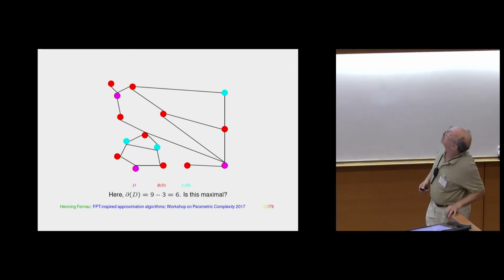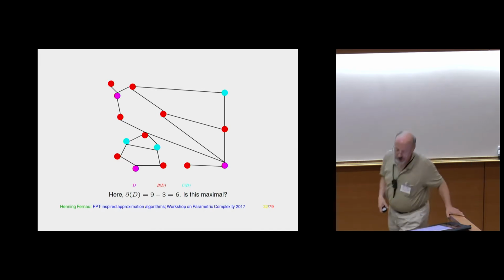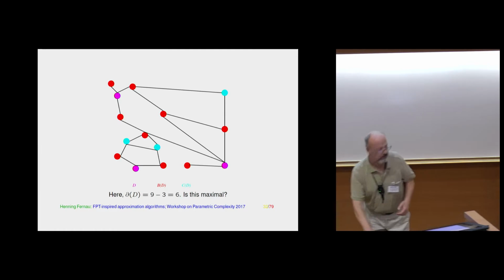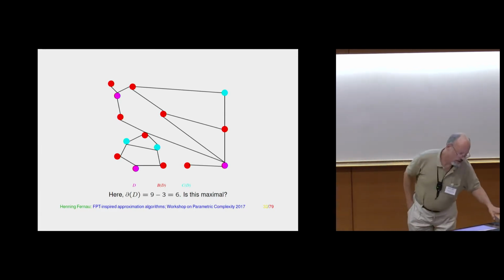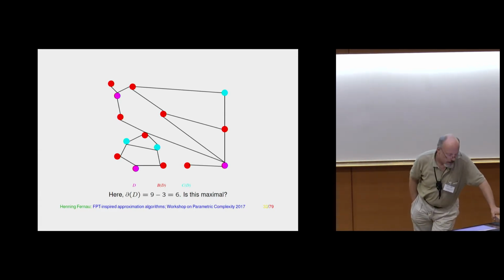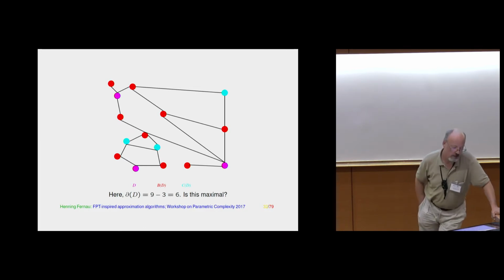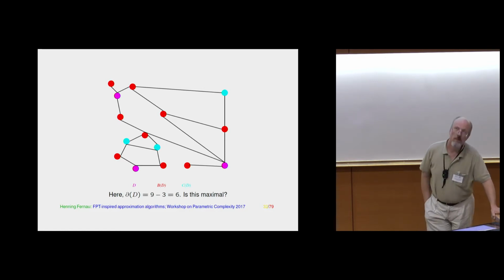These red guys are, in a sense, and that was the original motivation given by the mentioned authors, the ones which are maybe influenced or conquered by the pink guys.